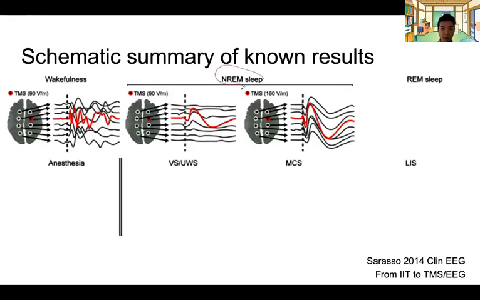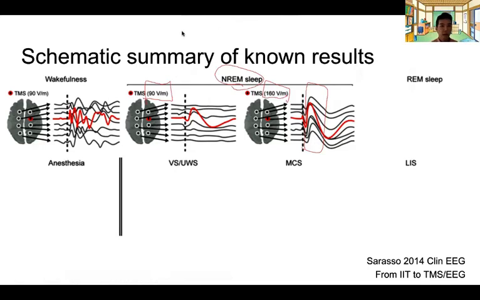During non-REM sleep, sometimes with weaker stimulation, like 90 volts per meter, it shows activation of only one pattern in one location, and it doesn't propagate. If it's too strong, it goes to many areas at the same time and propagates, but it dies out quickly as well.